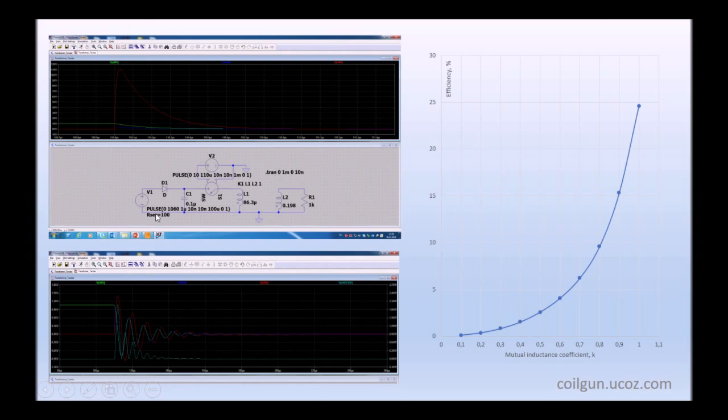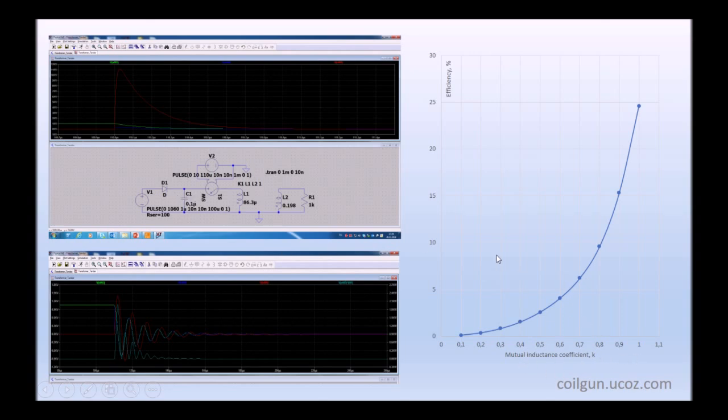Here is my model, which I built from a transformer section and an output section, and this is the efficiency of energy conduction to the load from the capacitor, the high voltage, intermediate voltage capacitor.